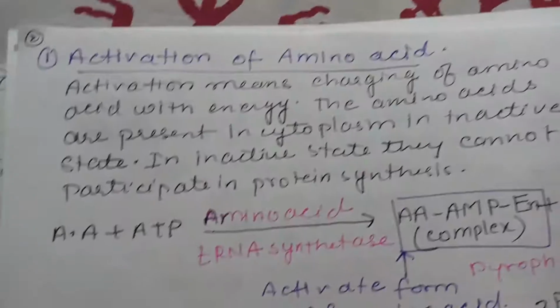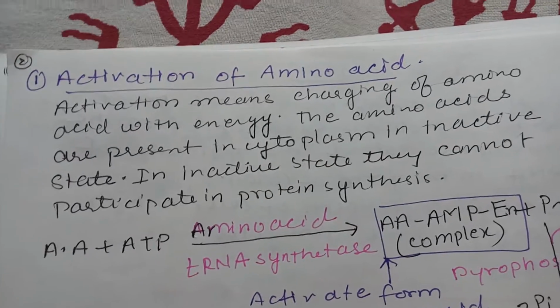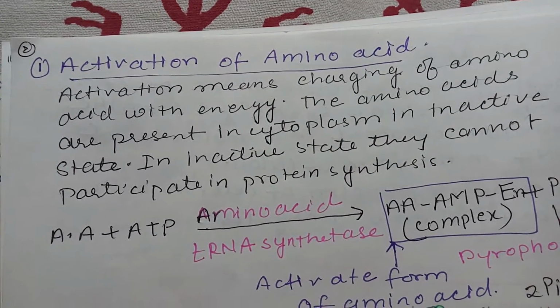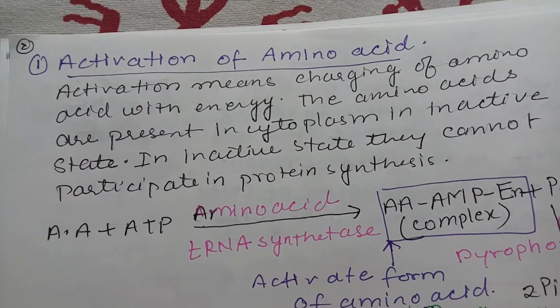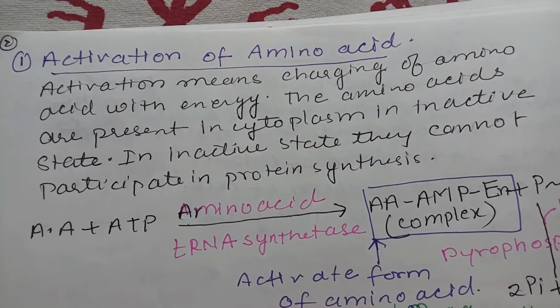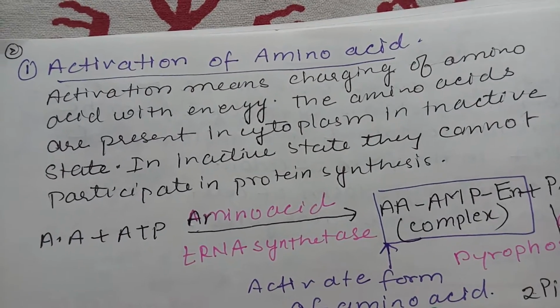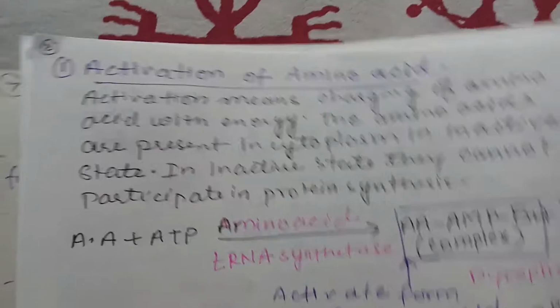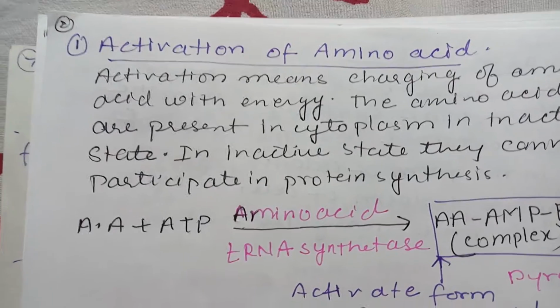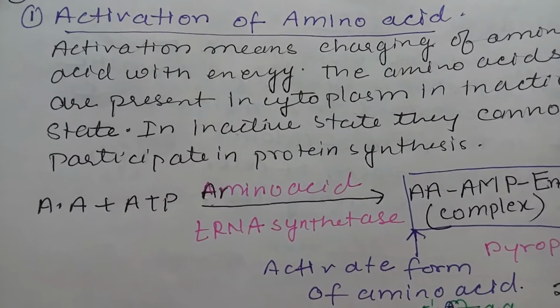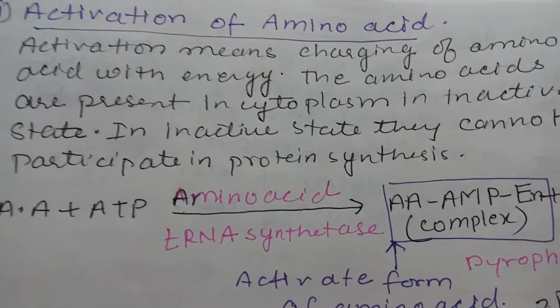Now we will start with the first step, activation of amino acid. Activation means charging of amino acid with energy. The amino acids are present in the cytoplasm in an inactive state. In the inactive state, they cannot participate in protein synthesis. So here the charging of amino acid occurs with ATP in the presence of the enzyme amino acyl tRNA synthetase.